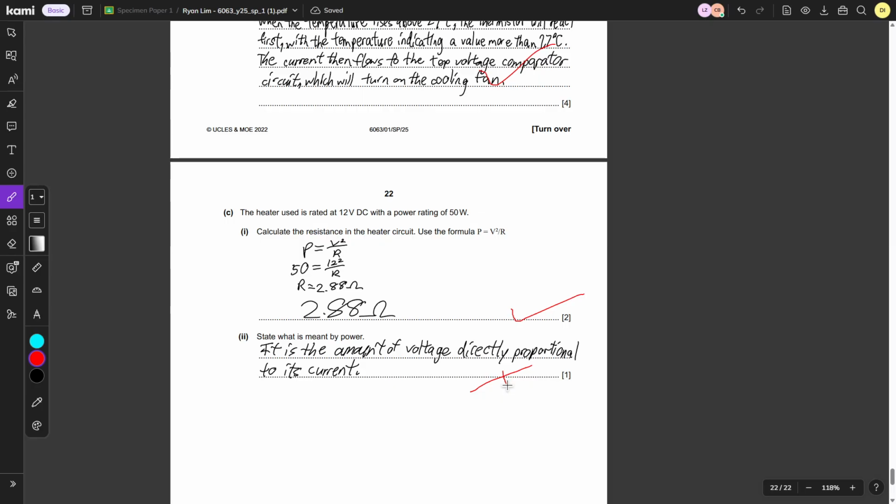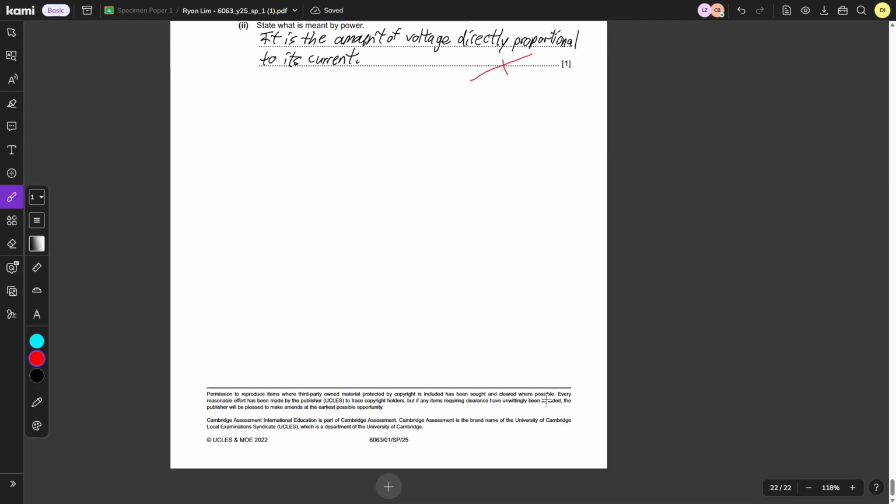Sorry, that's not what's meant by power. I'm trying to Google it here, but your answer is definitely wrong. Okay. Power is the rate at which electricity is consumed or transferred. That's what is meant by power. So you're wrong. Oh, and that's it.